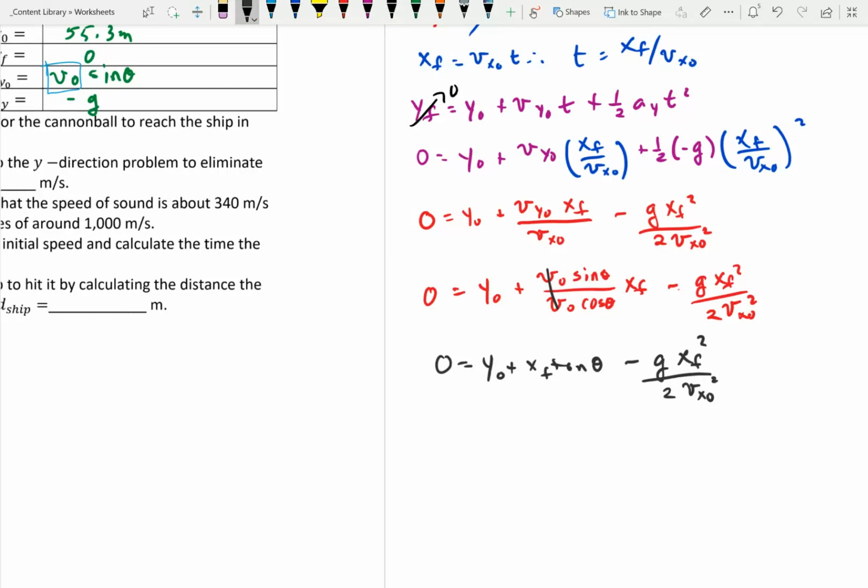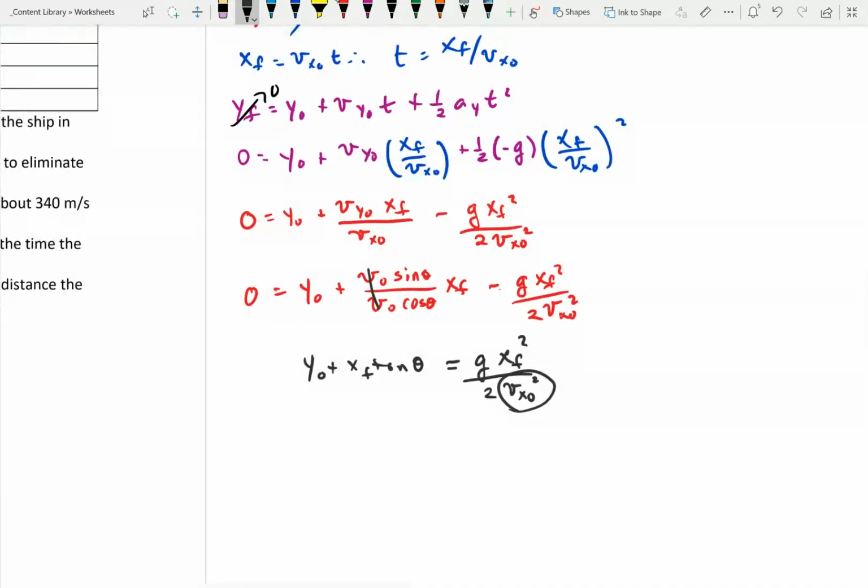So far, so good, right? Well, let's move the g x final squared over 2 vx0 squared to the other side of the equal sign, which means I add it to both sides. So I did the addition by moving the minus sign to an equal sign and getting rid of the 0 equals. Now I want to solve this for vx0 or v0 ultimately. So let me substitute what vx0 is there.